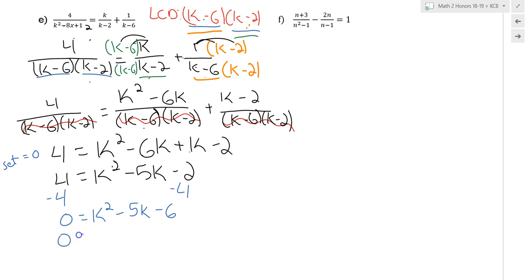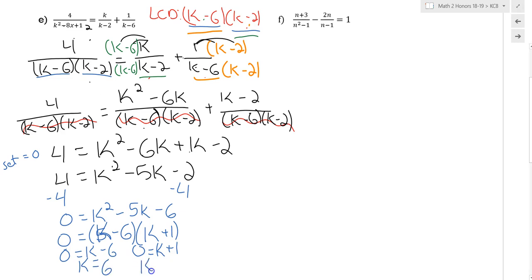So 0 equals, I believe that's k minus 6. Why can't I distinguish between k's and 5's? K minus 6, k plus 1. So 0 equals k minus 6, 0 equals k plus 1. So k equals 6, k equals -1.